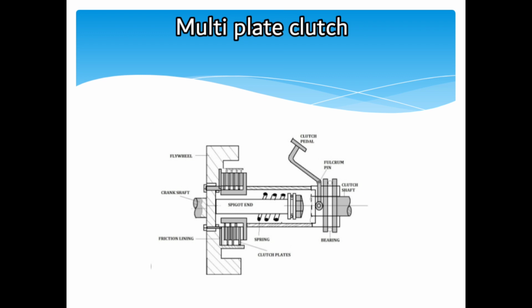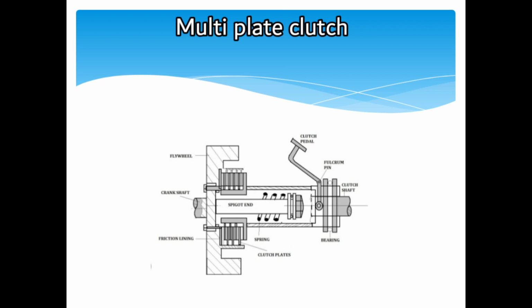Adding plates to the contacts to create a multi-plate clutch will increase the torque capacity of the clutch without increasing the spring strength or clutch diameter. As the number of clutch plates increases, the number of friction surfaces will also increase, and hence the torque transmitting capacity of the clutch also increases.